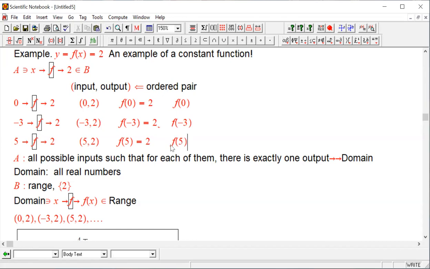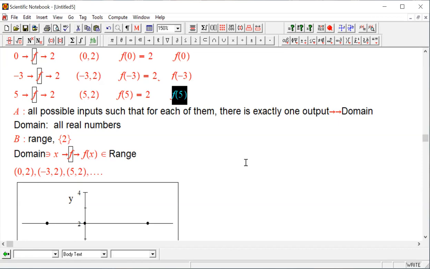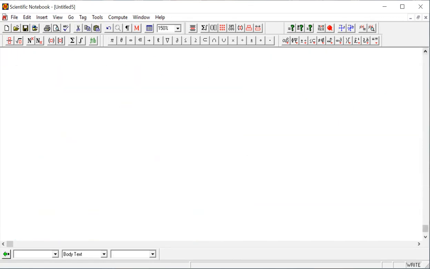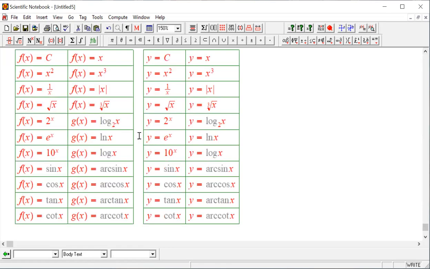In this notation, it tells you the input is 5 and the output is f of 5. Input and output are given in one single notation. With all of these rules that we are going to cover, we call these basic functions.